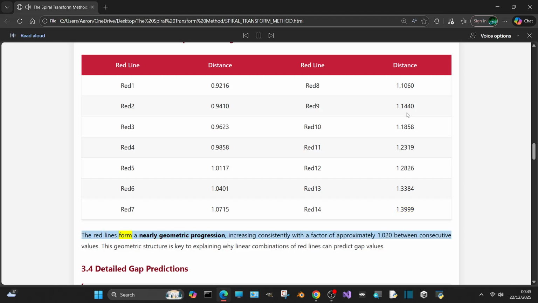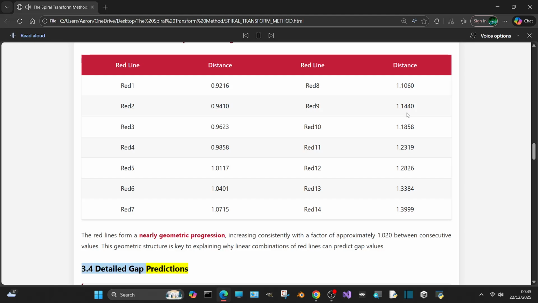The red lines form a nearly geometric progression, increasing consistently with a factor of approximately 1.020 between consecutive values. This geometric structure is key to explaining why linear combinations of red lines can predict gap values.